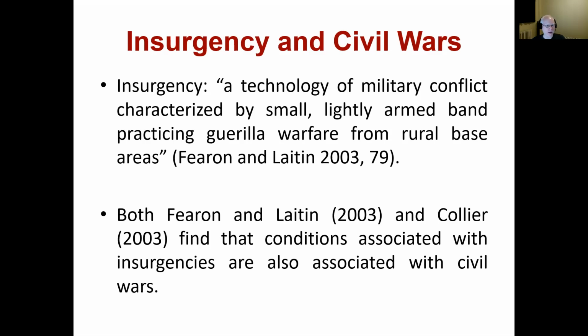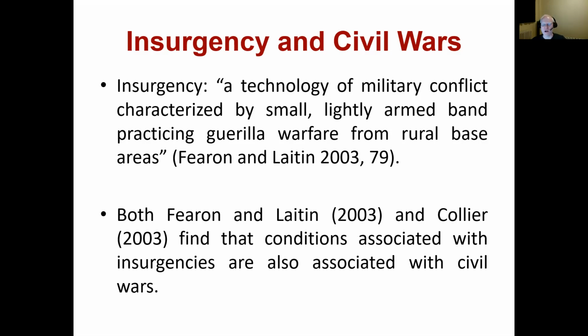One of the primary explanations for the emergence of civil war turns out to be whether an insurgency is possible. An insurgency is a technology of military conflict characterized by small, lightly armed bands practicing guerrilla warfare from rural base areas. So it's irregular warfare, where you launch an attack, say, from villages.